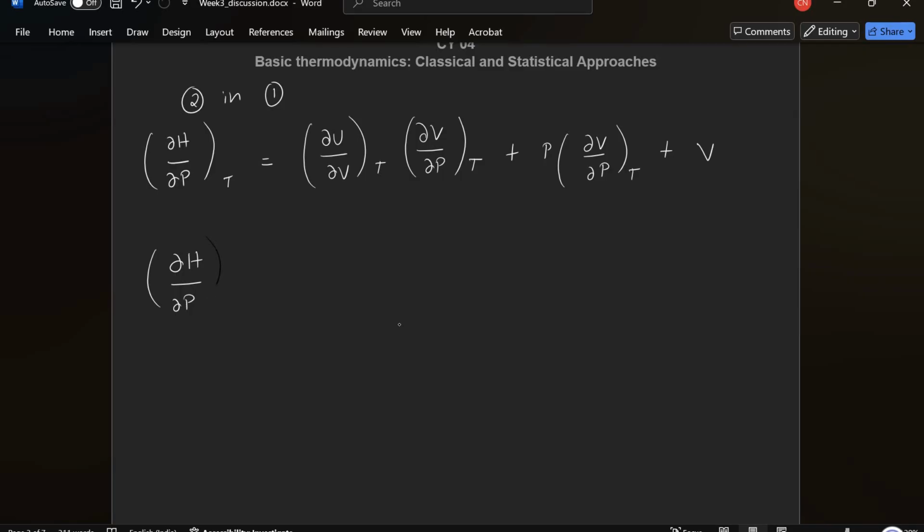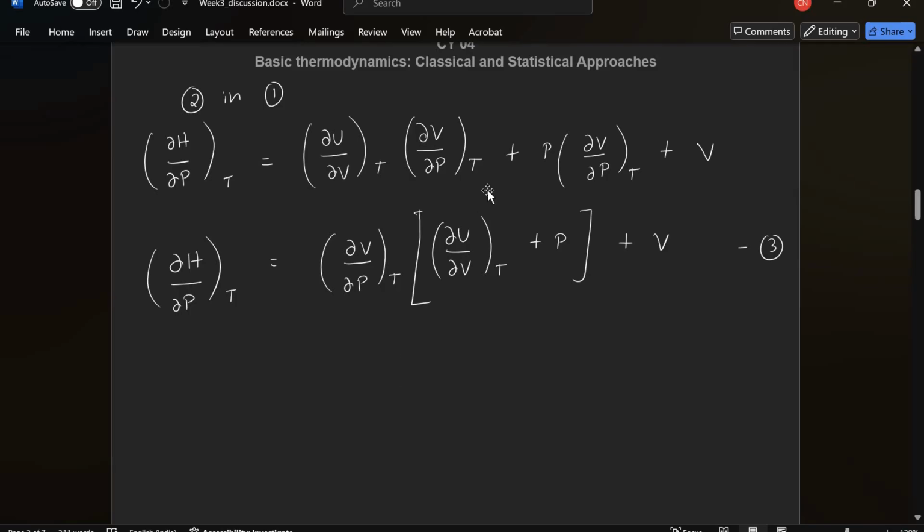Del U by del V at constant T is equal to, del P by del T at constant V, and then plus P. Let's keep this as equation 3.